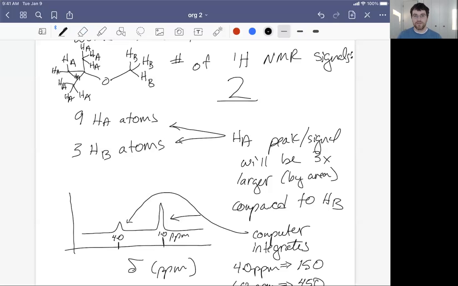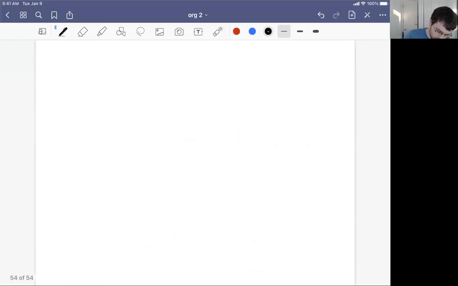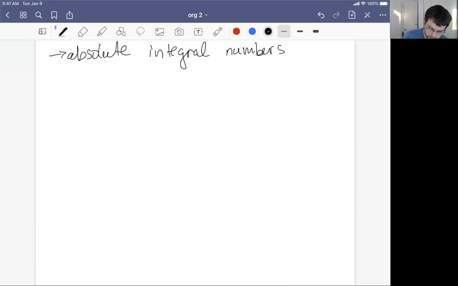Well, what do these 450 and 150 numbers mean? The numbers themselves are useless. It's the numbers relative to each other that are important. So let's turn the page. The absolute integral numbers are not important.